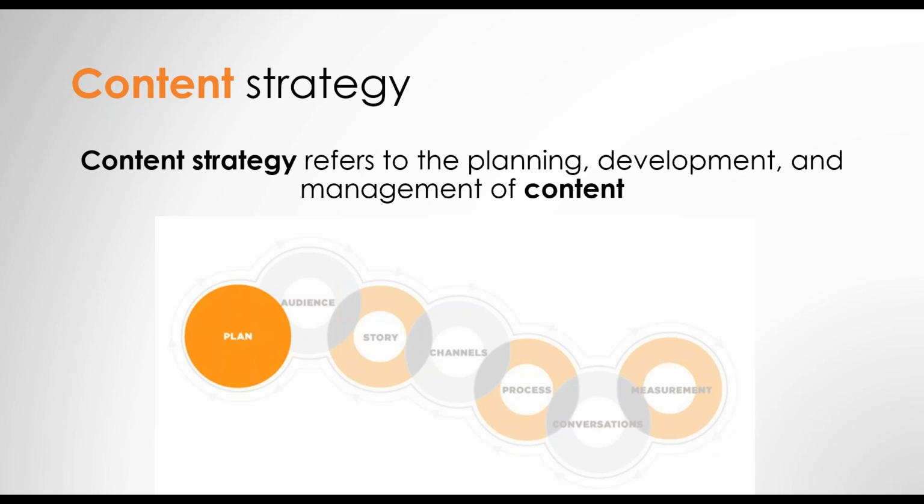So we're going to look at these 7 points of content marketing and content strategy. Now, the first section is obviously planning. Then we start looking at the audience, the stories, the channels, so important. Quite often we see people producing content and it's just not reaching enough of their audience. It's not being placed or distributed in the right places.